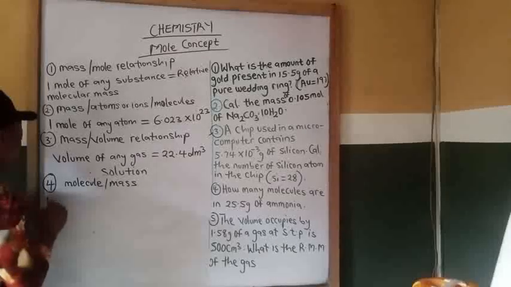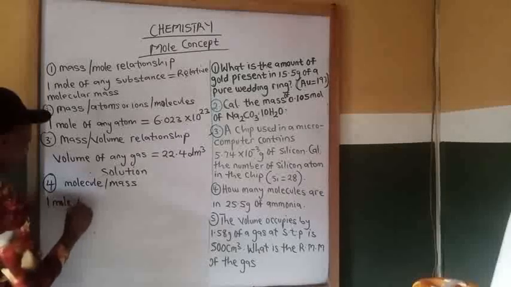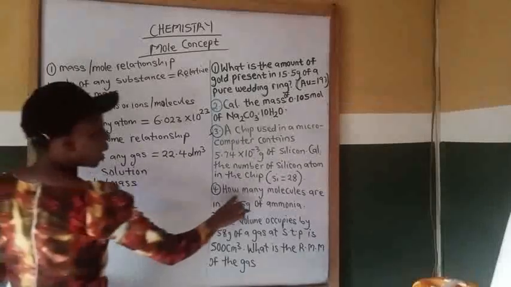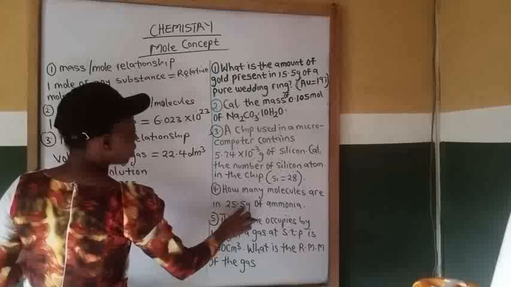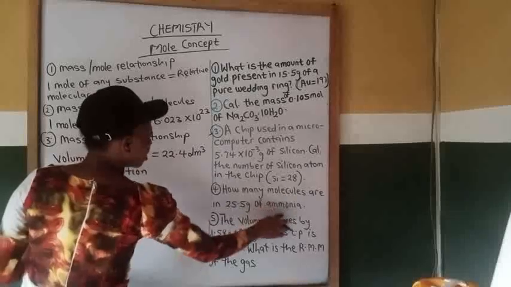So 1 mole of, how many molecules are in 25.5 grams of ammonia.